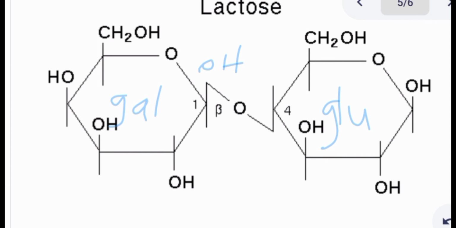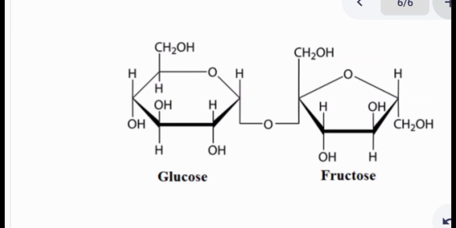So the OH of galactose was in the beta position, that is, it was up. So there's formation of the glycosidic bond between the beta OH of galactose and the OH of glucose. So this bond is the beta 1,4 glycosidic bond.